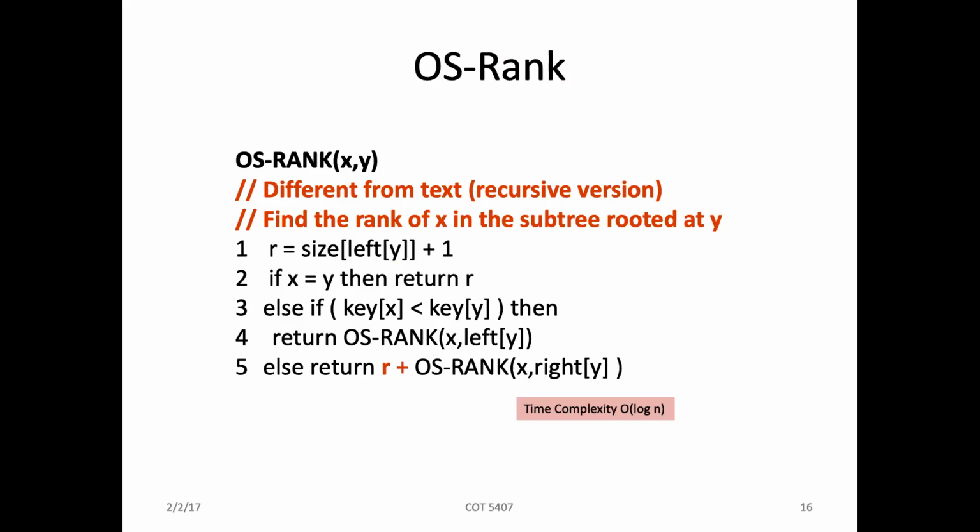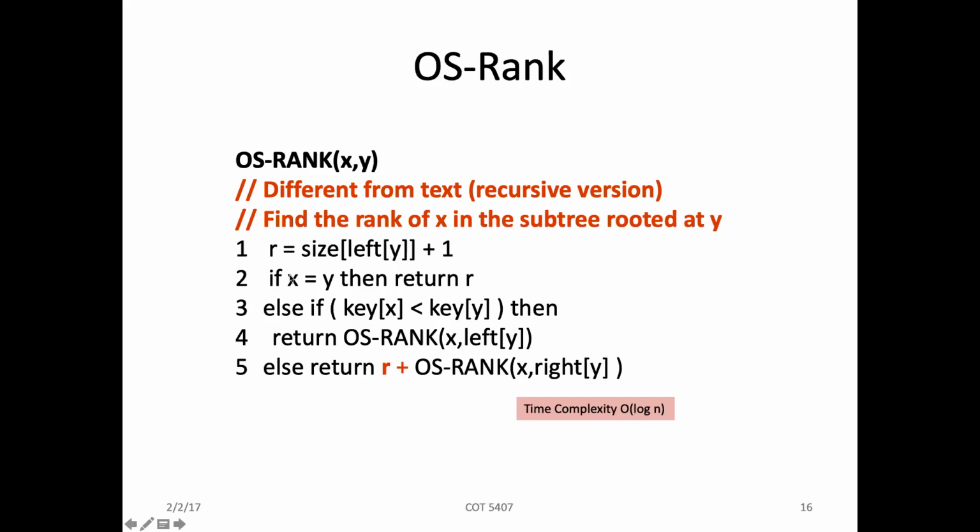How does this work? Remember, we want to find the rank of X in a set. What we're going to do instead is to modify the function so that we find the rank of X in the subtree rooted at a node. Of course, if that node is the root of the tree, it's equivalent to saying, what is the rank of this guy in the whole set, right?